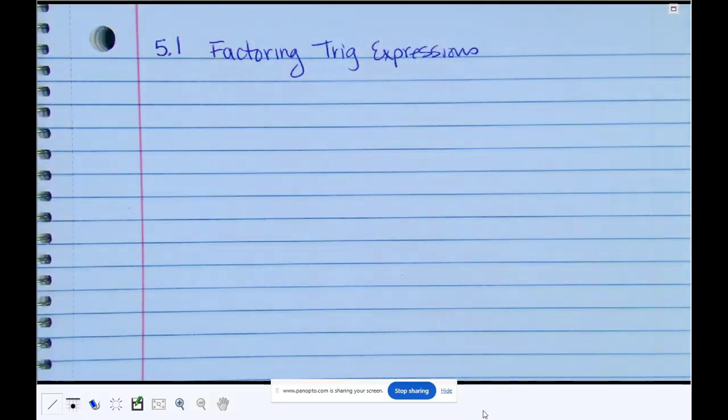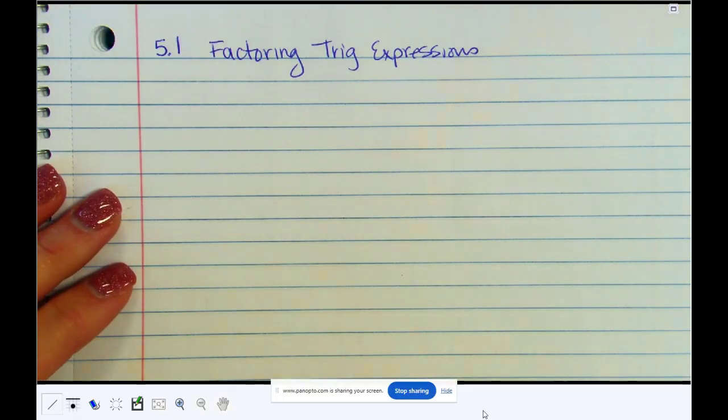We're going to talk about factoring trig expressions. The reason we're doing this is eventually we're going to get to the point where we are solving trig equations, and this is some background knowledge. In and of itself, it's not useful until we get into solving equations, but like I said, it's just background knowledge.